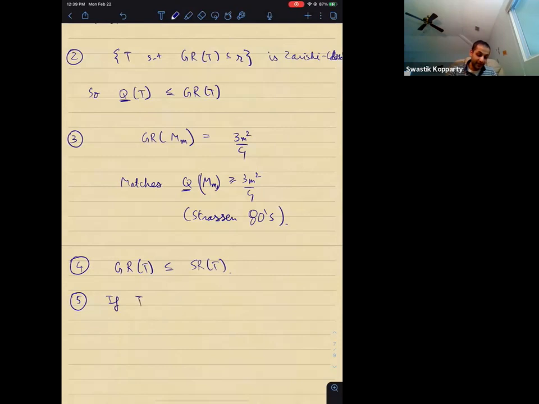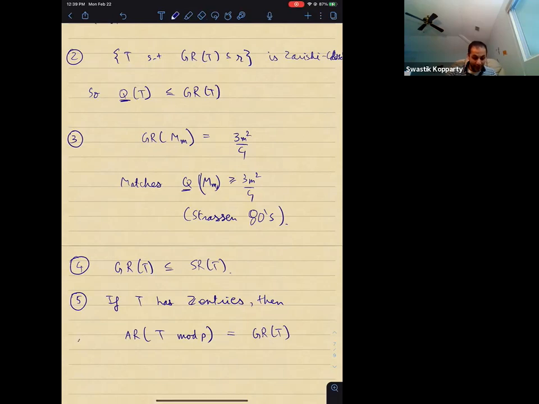If T has Z entries, then look at the analytic rank of T mod P. What would have been amazing is if this was equal to the geometric rank of T. But this is not true.